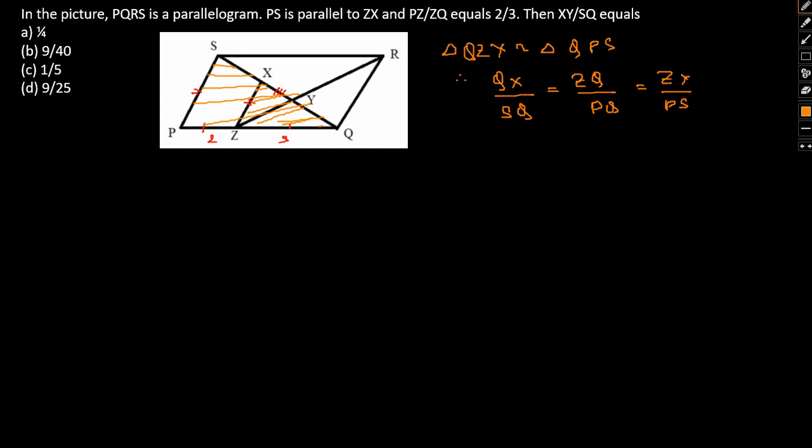What we have here: we can write ZQ being 3 and PQ being 5, so this entire thing is 3 by 5. I hope this is clear.